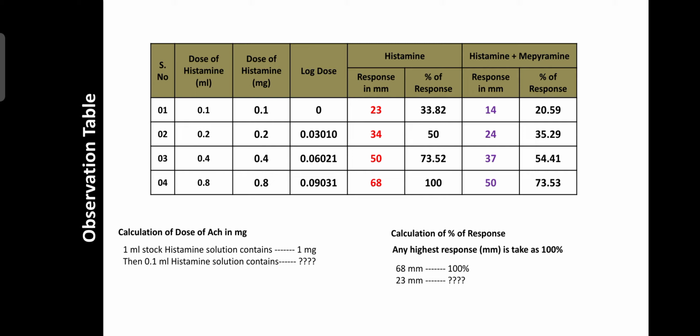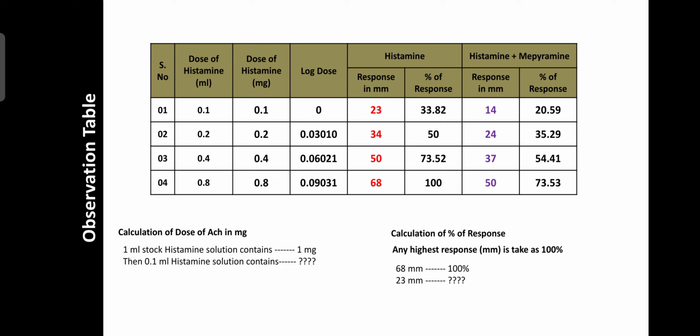For calculation of percentage of response, the highest response in mm is taken as 100%, from the graph where we recorded the histamine-alone responses. In histamine alone, 68 mm is the highest response, so that was considered as 100%.